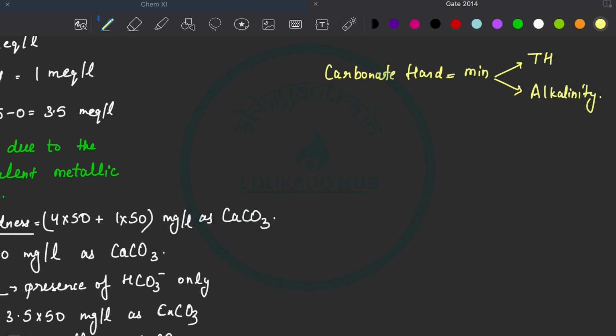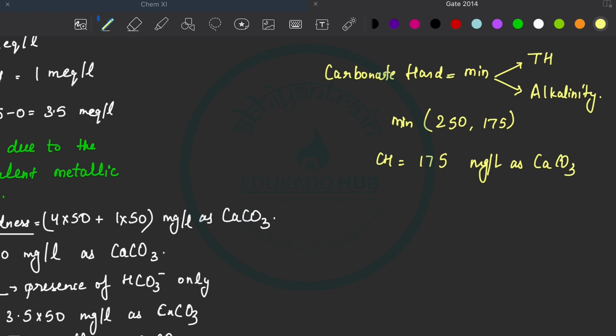Okay, so minimum of 250 and 175. So the carbonate hardness that came here is 175 milligram per liter as CaCO3.